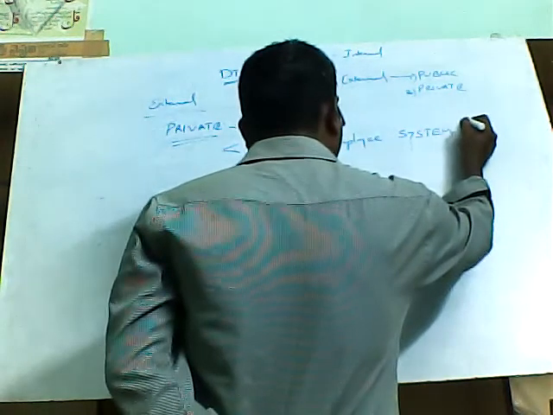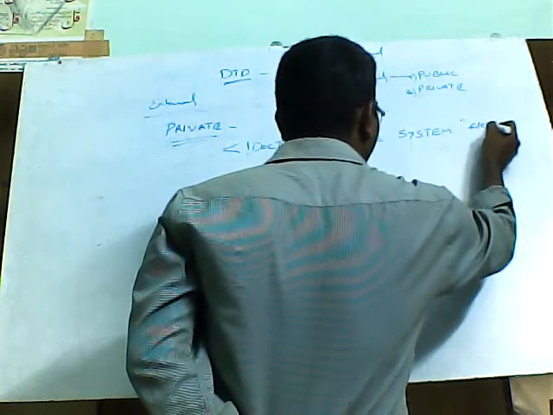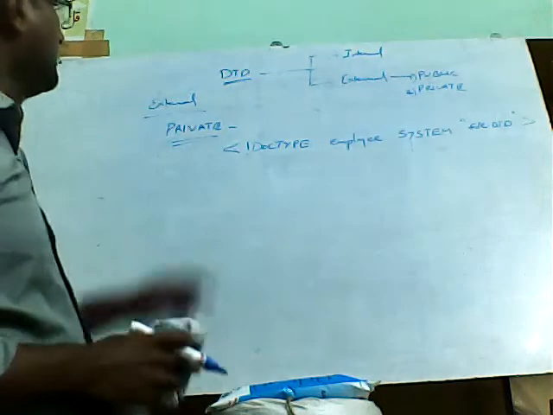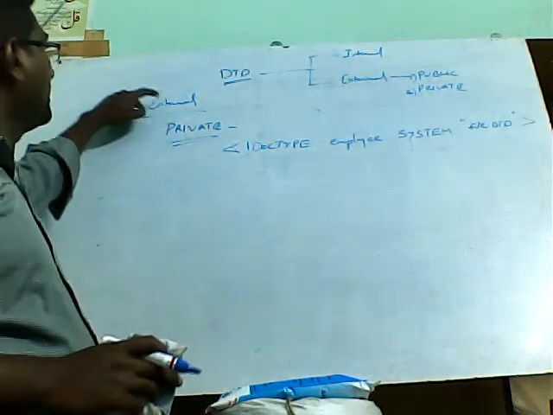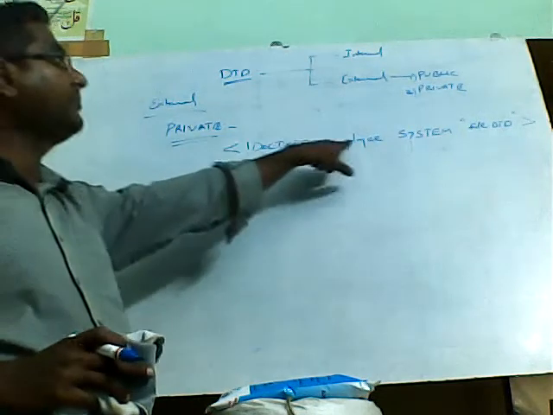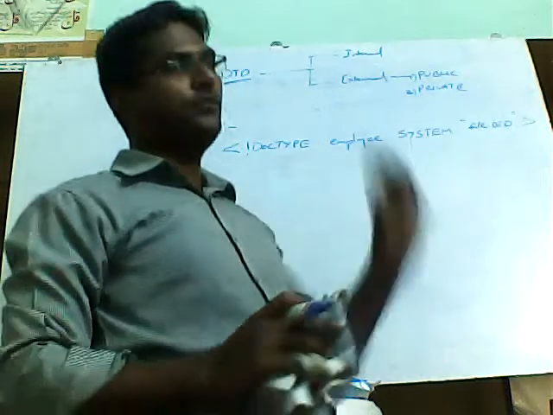Then we have to specify the file name, file.dtd, then the closing. See here in external DTD, with the doctype we specify the root element followed by SYSTEM and the file name.